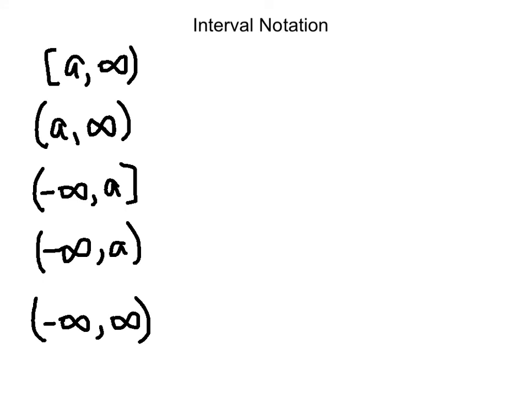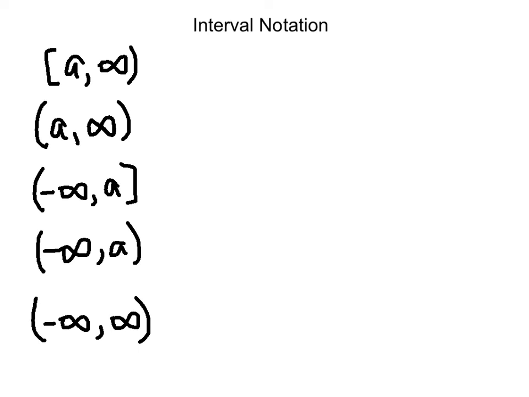These last 5 interval notations use the infinity symbols to indicate unboundedness, either in the positive direction using this symbol or the negative direction using this symbol. Now keep in mind that infinity is not a real number, just a notational device that we use to represent that unboundedness. The first one we have includes a and is unbounded in the positive direction.